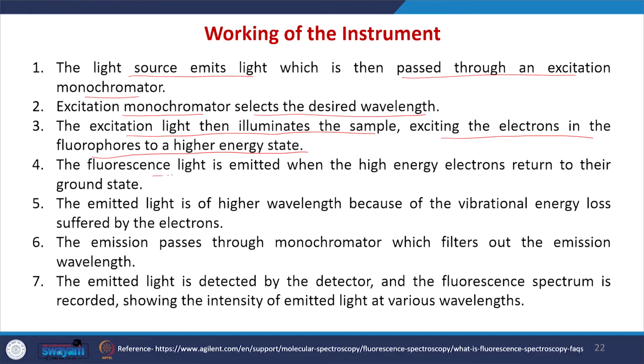The fluorescence light is emitted when the high energy electrons return to their ground state. The emitted light is of longer wavelength because of the vibrational energy loss suffered by the electrons. The emission passes through a monochromator which filters out the emission wavelength. The emitted light is detected by the detector and the fluorescence spectrum is recorded, which shows the intensity of the emitted light at various wavelengths.